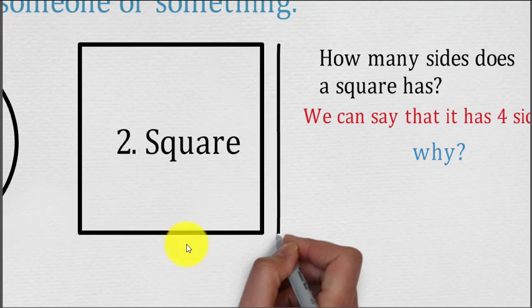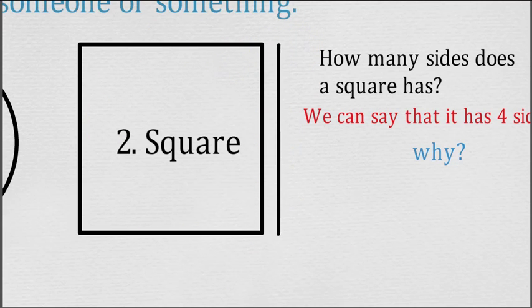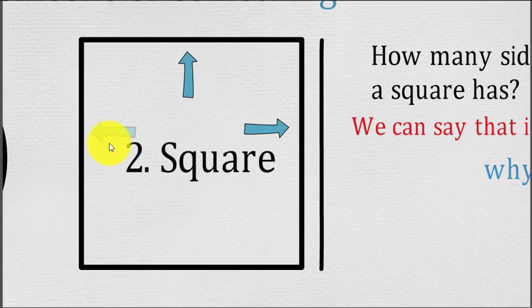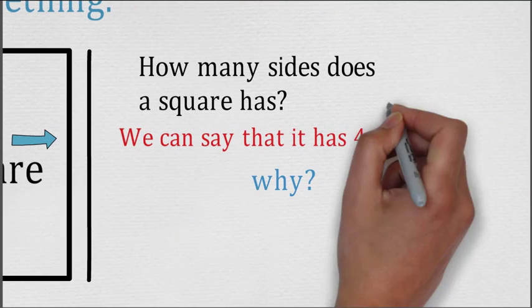We can count it from anywhere. Then the second side, this side is also a line. The third one is here, and the fourth one is this one. So we can say that the square has 4 sides.